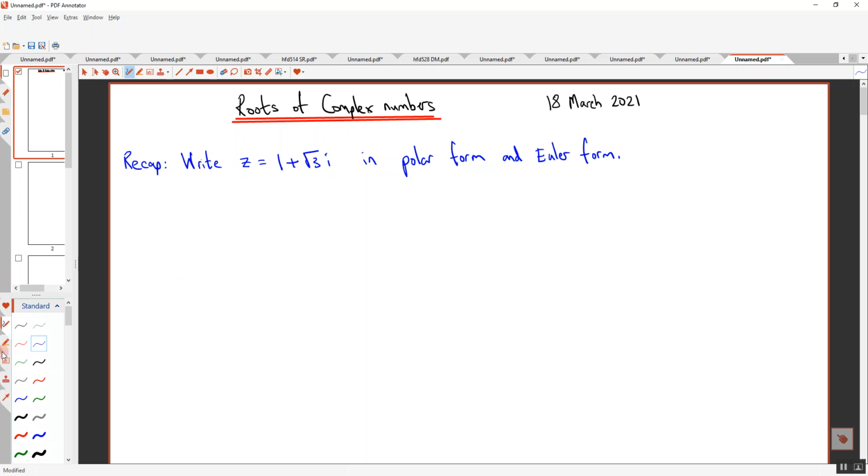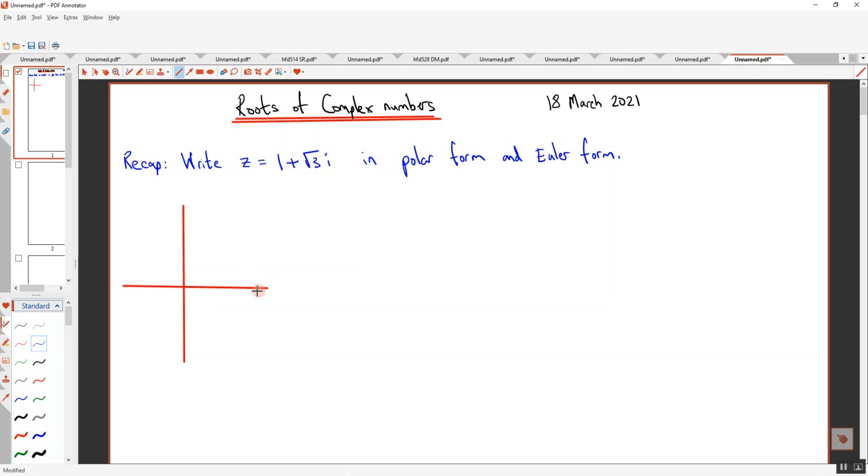Okay, so do you remember how to go about doing this? I think the Euler form is one that I remember. That's the one where you draw the graph with the real and imaginary planes. Yes. Okay. So if I draw it, I'll go through it and you can just copy down.